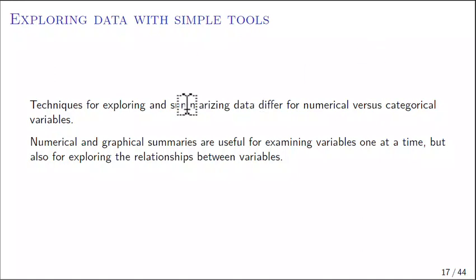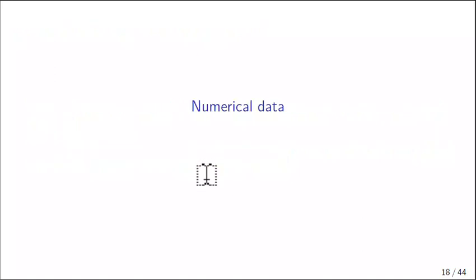One is the numerical tool, summarizing data in a numerical way. The second one is the graphical tool, summarizing the variables in a graph or graphs. Let's talk about numerical variables first.